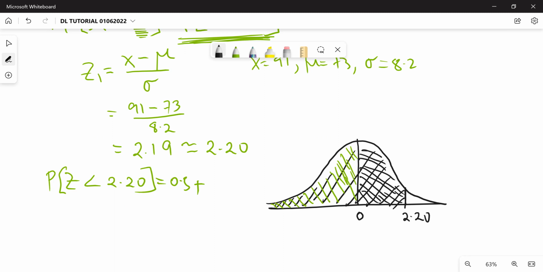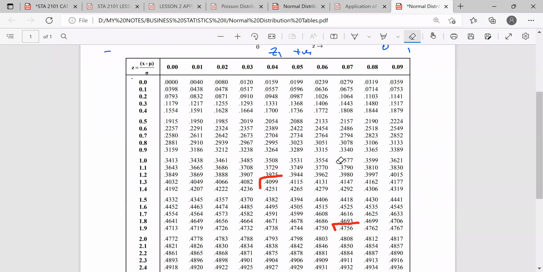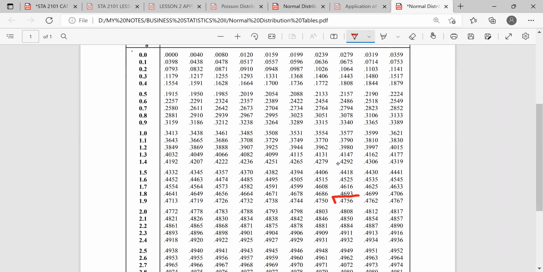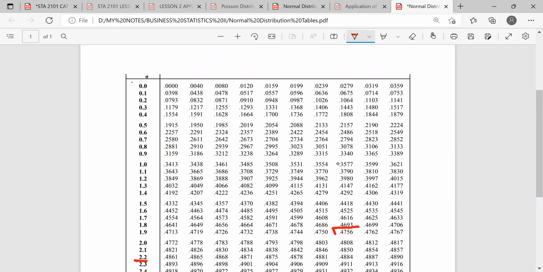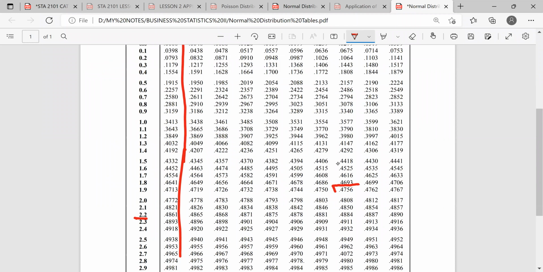So back to the tables. We look for a Z value 2.20. 2.2 is here, and 2.200 is there. So 2.20 is this number here: 0.4861.